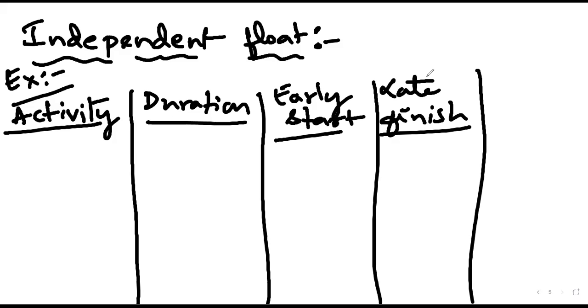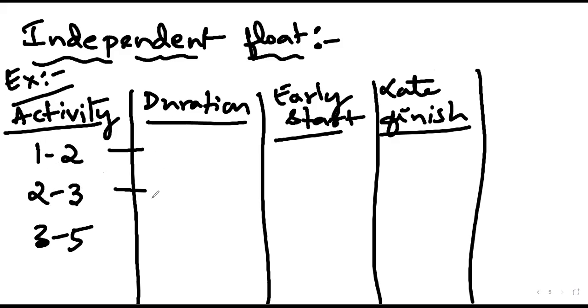One dash two. Okay. How many activities are there totally? 6. Okay, I think we'll just consider 3 out of 6. 1 dash 2, 2 dash 3, correct, 3 dash 5. This is sufficient. Now about the duration. 14, 7, 20.